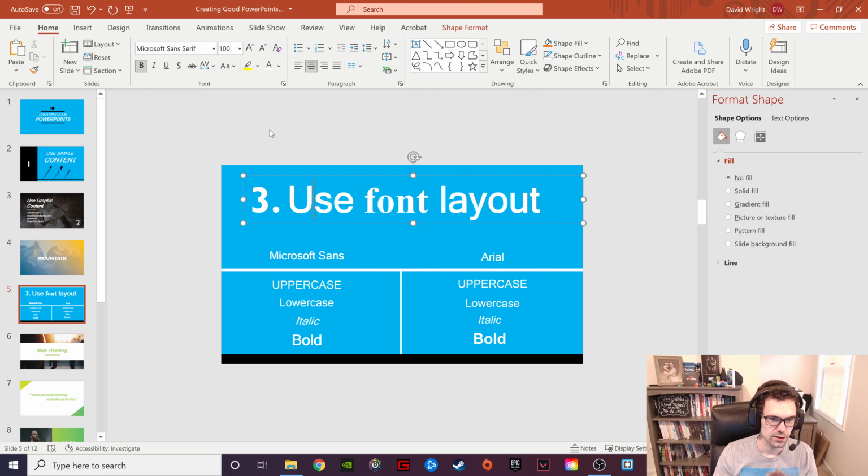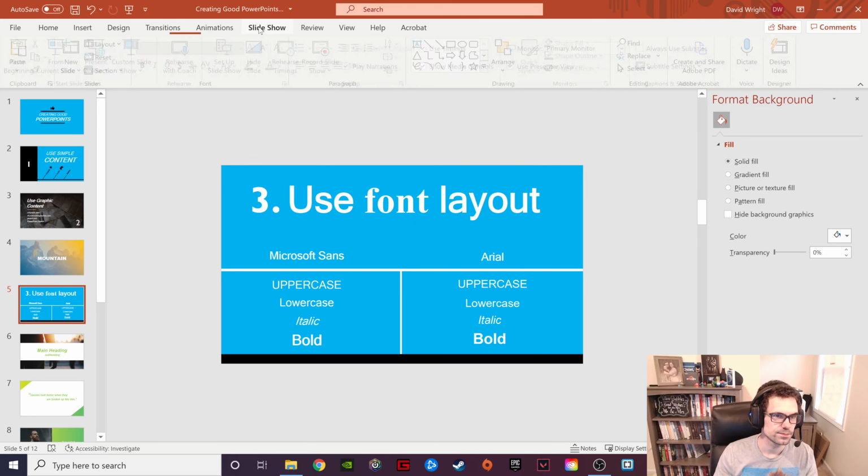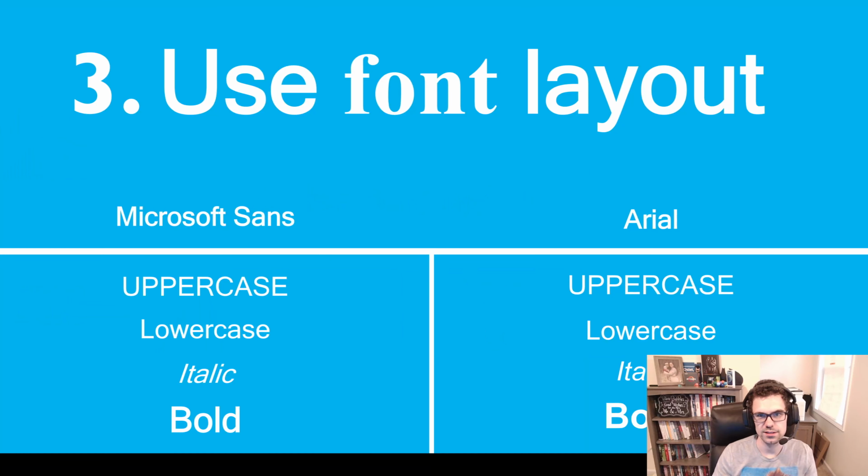And then what I would do is I would use variations of this in my presentation. Using uppercase or using lowercase creates different effects for your presentation. Using italics and bold are all specifically going to give you different looks, as well as using different sizes of fonts too.